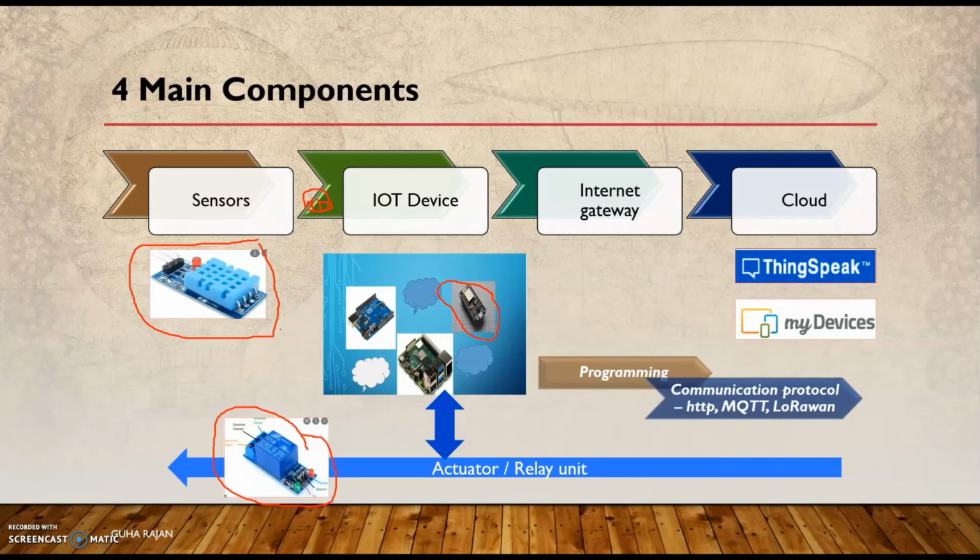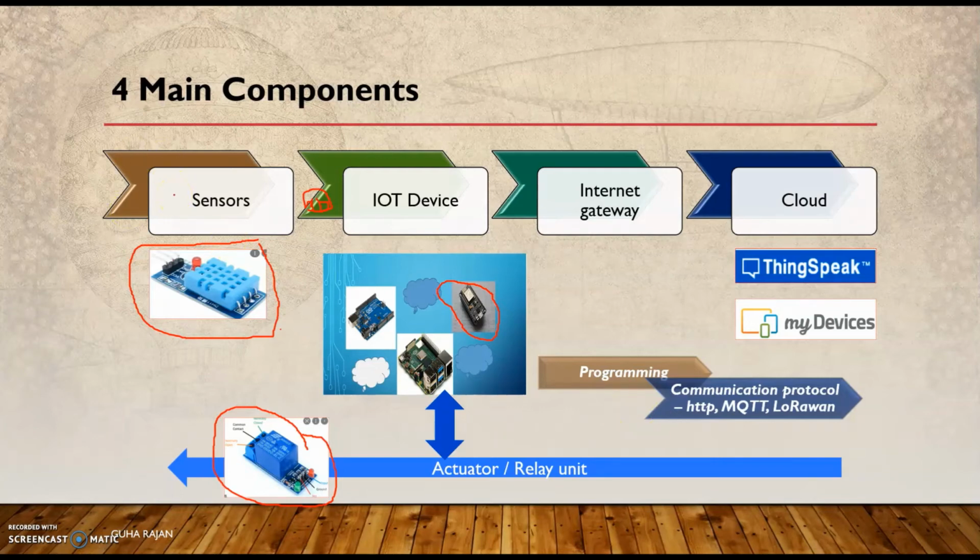The actuator and relay is an automated switch. Based on the condition, it will switch the process on or off. If it is connected to a heater, based on the temperature settings, it will switch the heater on or off. Similarly, with an aircon or many other processes, you need to use the relay unit.